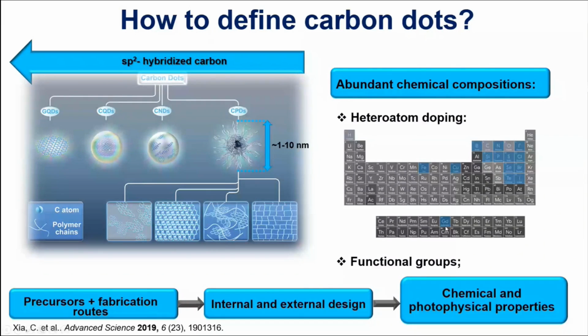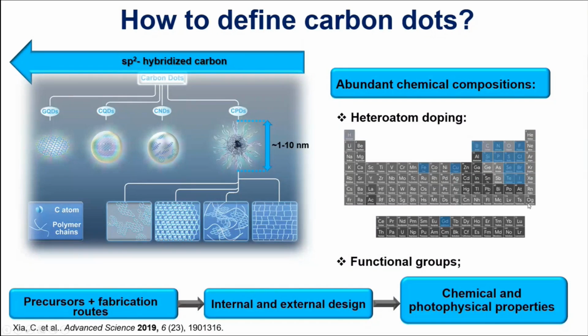They may be not only fluorescent but also magnetic, or we can enhance the fluorescent properties by doping with boron, nitrogen, fluorine, or other materials.